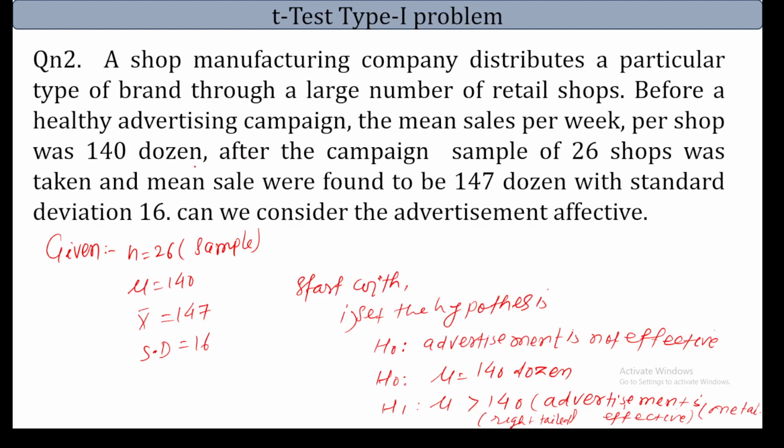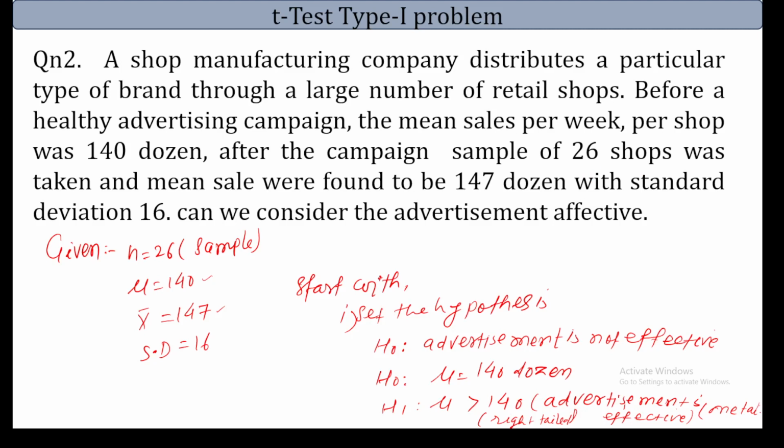Okay, so this is before the advertisement. After the campaign, a sample of 26 shops, so n is equal to 26, was taken. Mean sales were found to be 147. Instead of 140, it became 147. Now, with a standard deviation of 16, can we consider that the advertisement is effective or not?